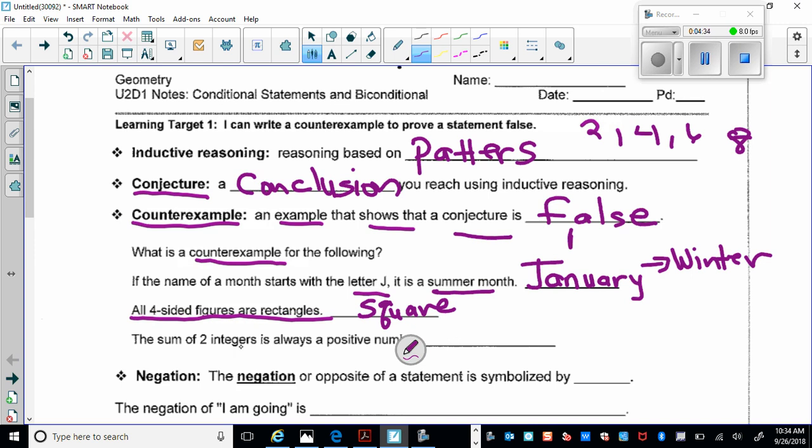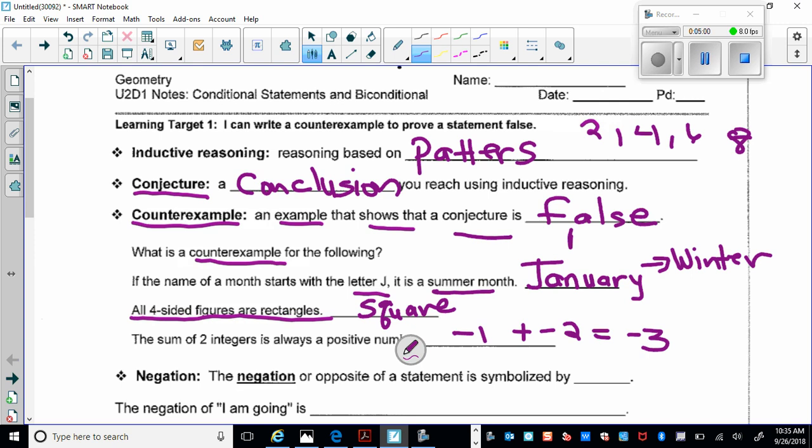To make it in math: the sum of two integers is always a positive number, right? -1 is an integer, -2 is an integer. Is -1 plus -2 positive? No, right? So that's the way you can make that statement false. This would be your counterexample.